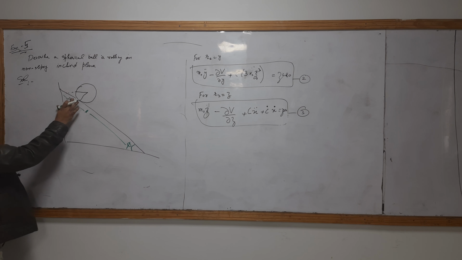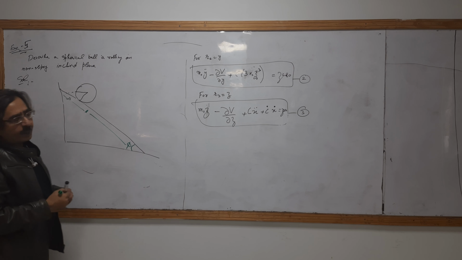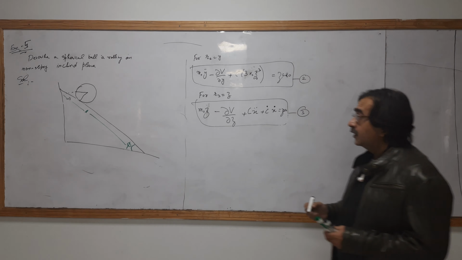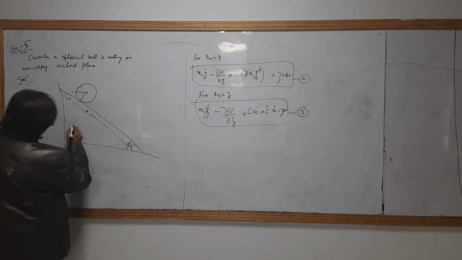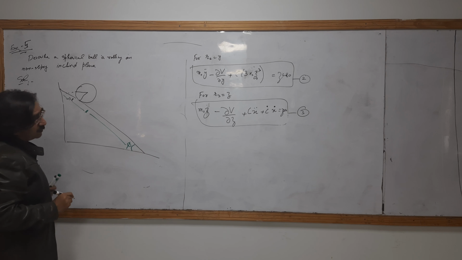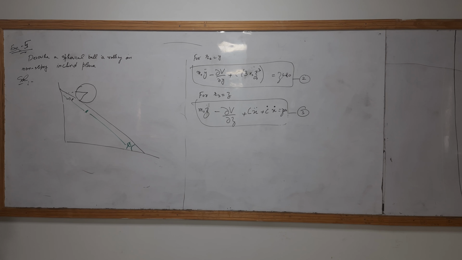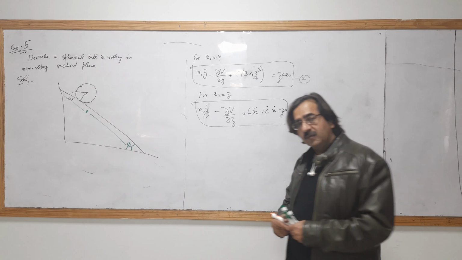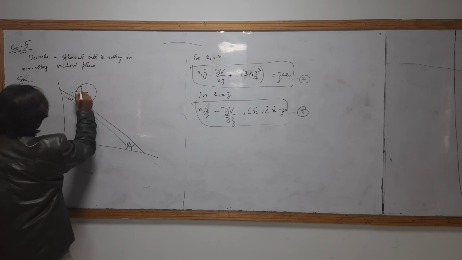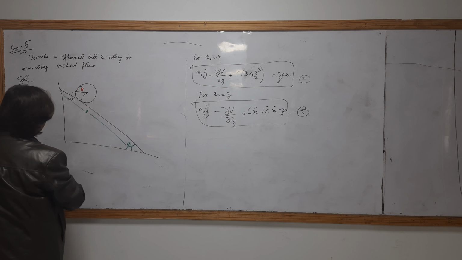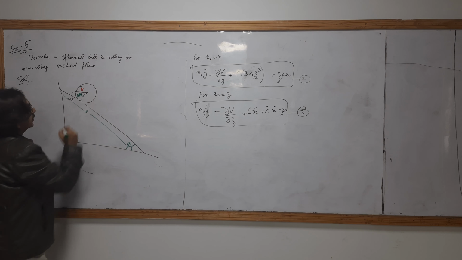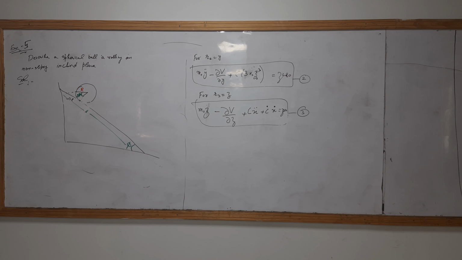You may say that is L, you are right, but I may say that is delta L. R is the radius of the ball, and this is delta theta.